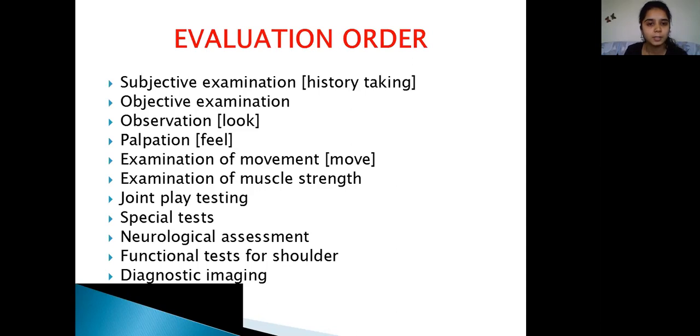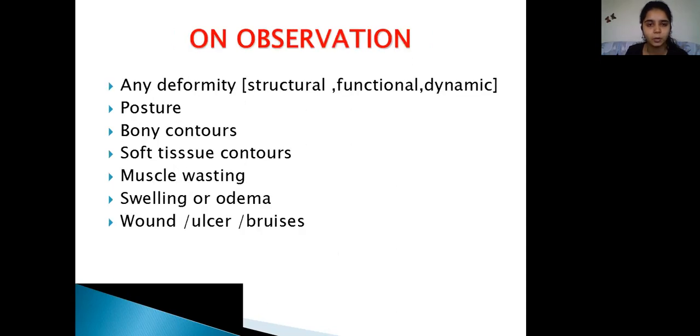Going to the objective examination, we have observation, that is look, palpation, that is feel, examination of movement, that is move, examination of muscle strength, joint play testing, special tests, neurological assessment if any neurological signs are present, functional tests for the shoulder, and diagnostic imaging. On observation, we should look for any deformity. It will be structural, functional, or dynamic.